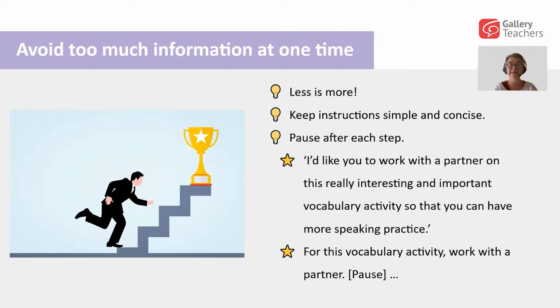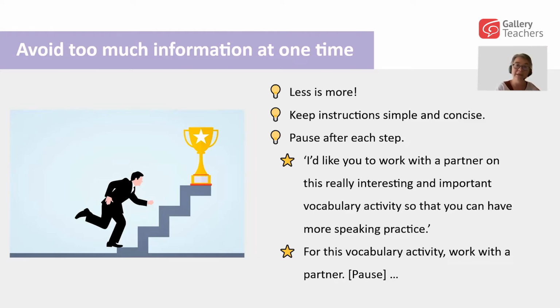The teacher feels that it's important that the students know the importance of the activity. And the teacher also feels that it's important for the students to know why they're doing the activity for that extra speaking practice. But that's just so much information packed into one instruction at one go.